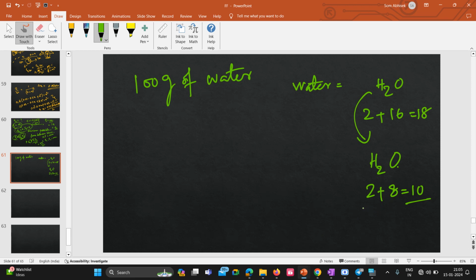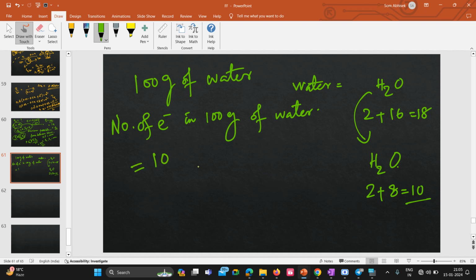So, the number of electrons in 100 gram of water will be 10 into 100 gram divided by the molecular mass.